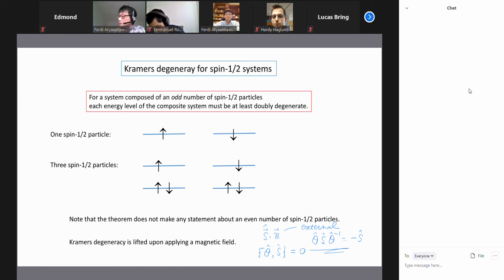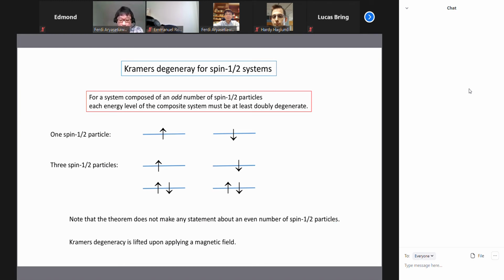Okay, so that's Kramers degeneracy. It's an important theorem that has a lot of use in physics, in atomic physics and condensed matter physics, when you have an odd number of electrons.